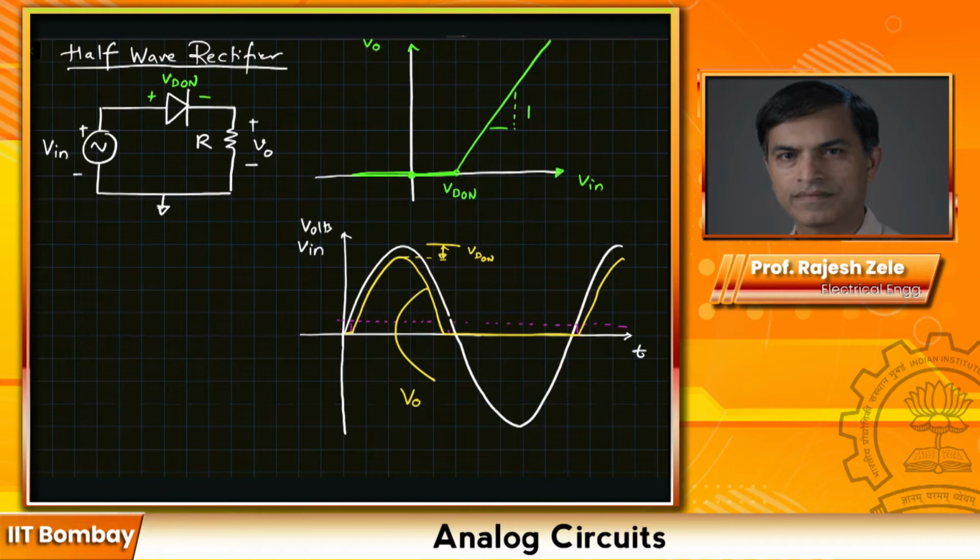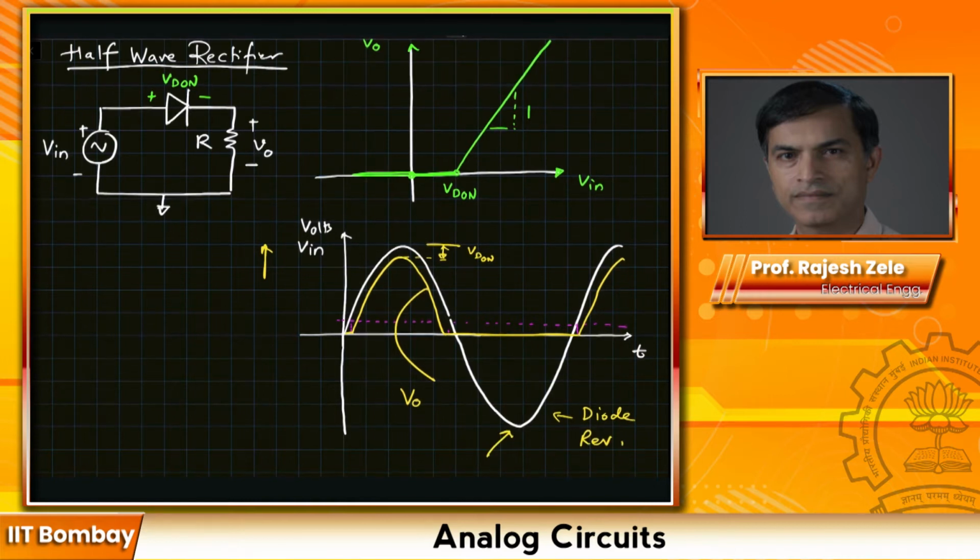There is another parameter that's important in the performance of a rectifier. In the previous lecture, we talked about the breakdown voltage of the diode. What you can see quickly here is that if you start applying larger and larger input voltage swing, then the diode will be reverse biased in this portion.